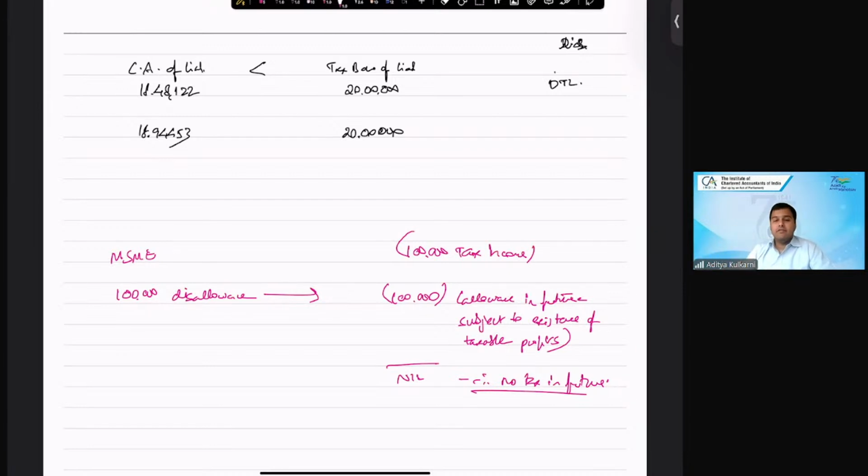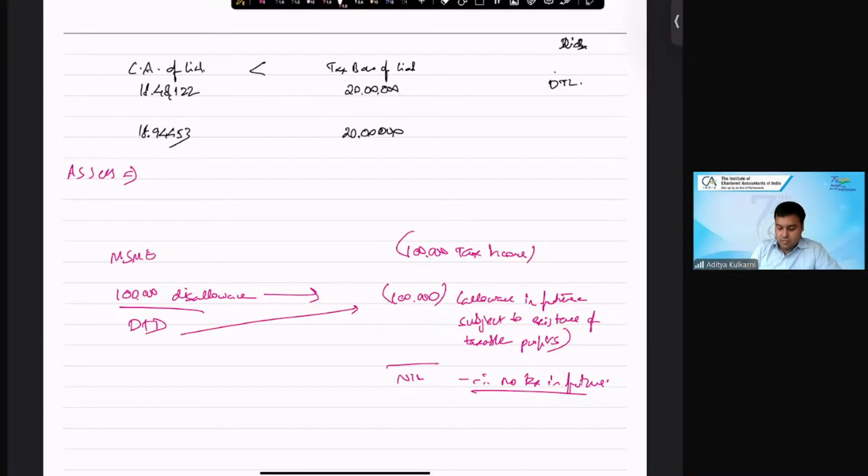Let me rephrase. This 1 lakh deductible temporary difference is getting reversed in the next year because I have done the payment. Is it okay? Now, suppose I have assets.